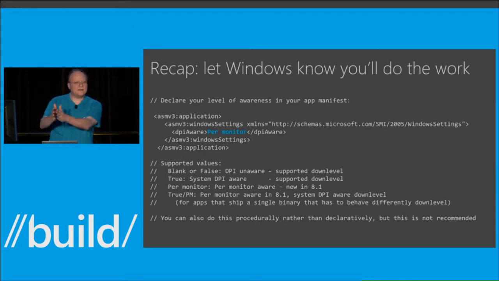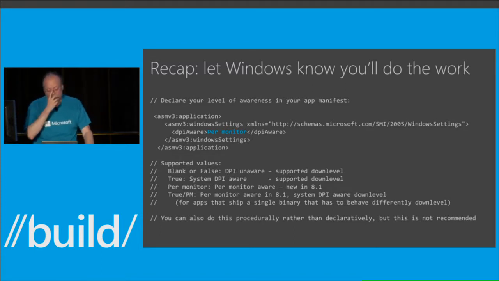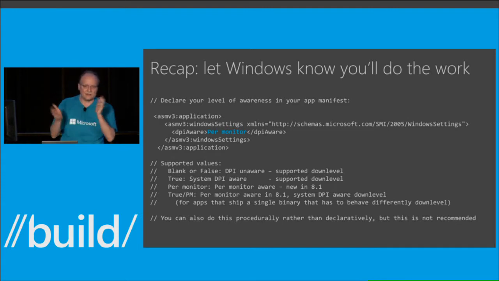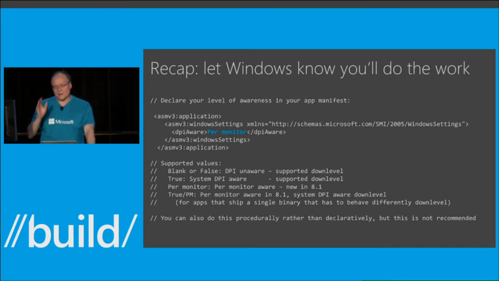Well, if in the interim you had made any system calls that depended upon this level of awareness, you could have a mix of, say, unaware data and then later aware data. And all kinds of interesting things are possible there. You could end up with inside-out layouts and things like that. So if you are going to do it procedurally, it has to be done very early on. And I'll give you an example, one place where that makes some sense.